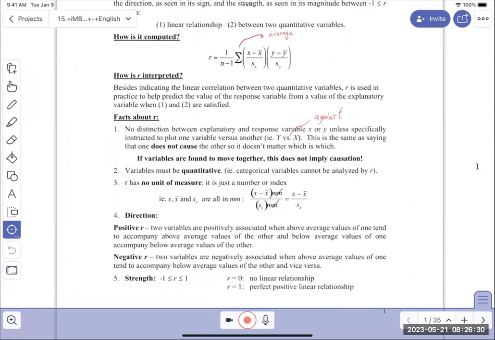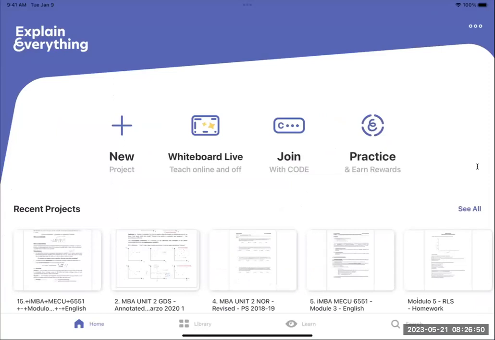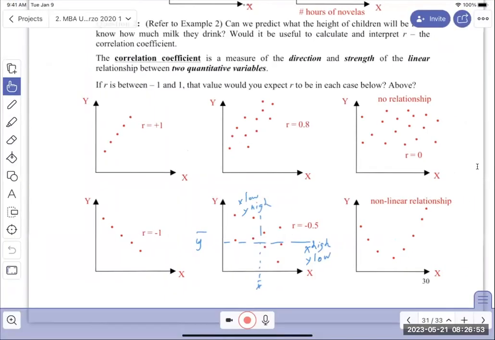And all this is established after making a graph. We always graph first to be able to say any of this. If there's not a linear looking relationship with a trend, you don't use R. If you did calculate R, it would be 0, or you would be surprised if there is a pattern, even though there's no linear relationship and R will be 0 here.